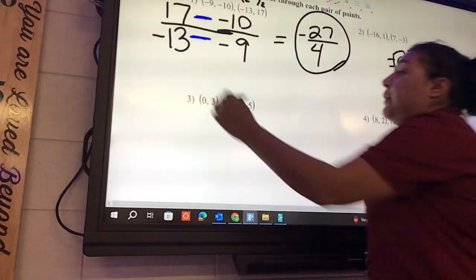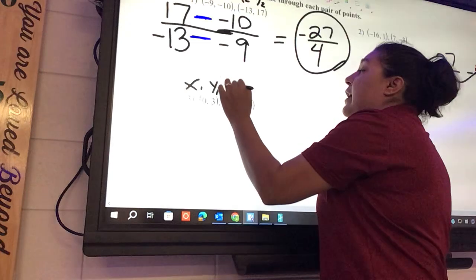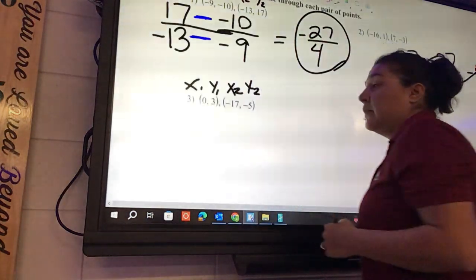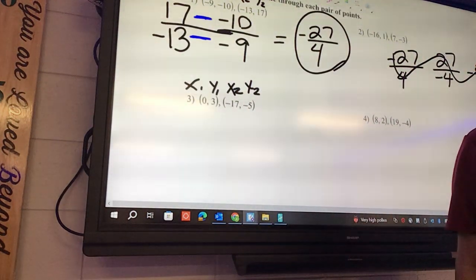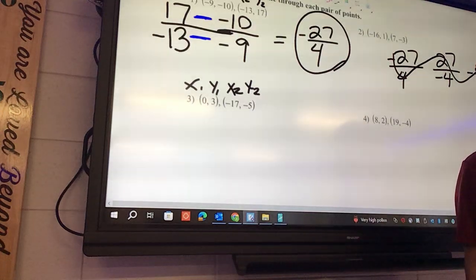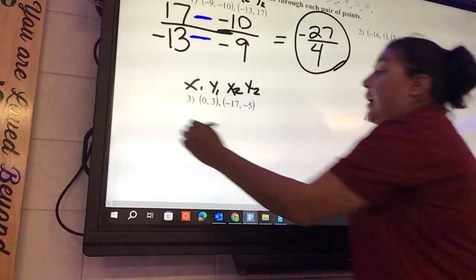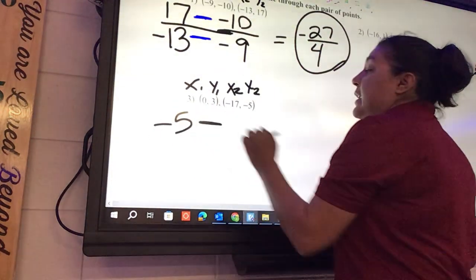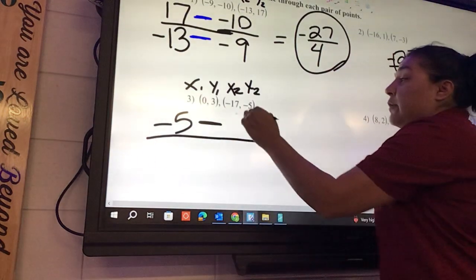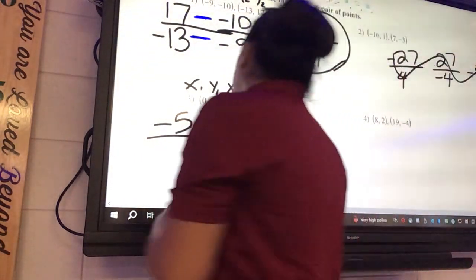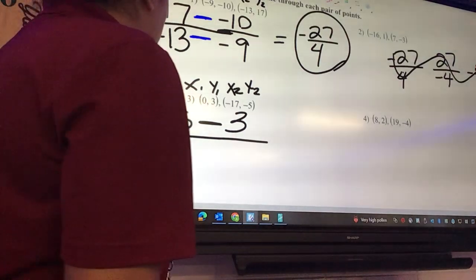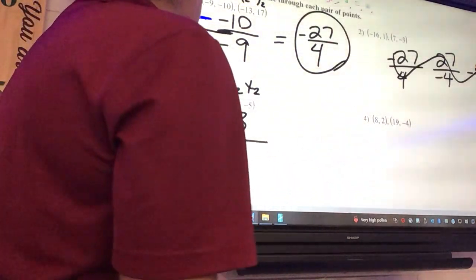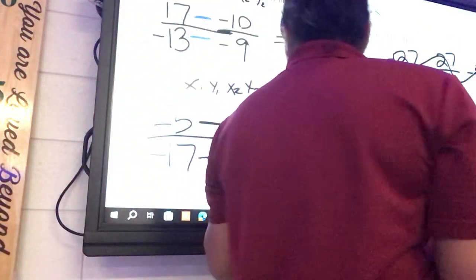Now for number 3, we got X1, Y1, X2, Y2, and we're gonna use our formula. What is my Y2? Negative 5. Negative 5 minus, that first minus goes there, 3, over my X2, negative 17, minus my X1, which is 0.